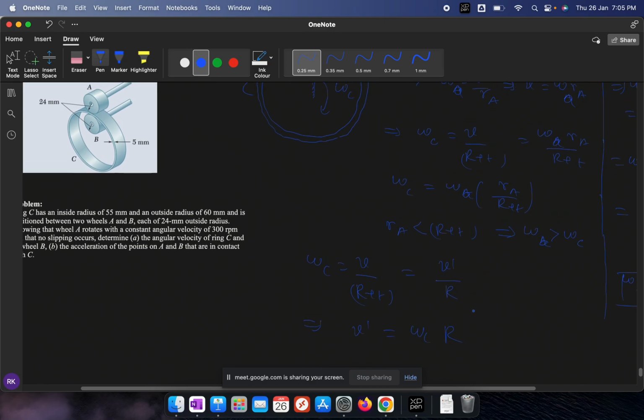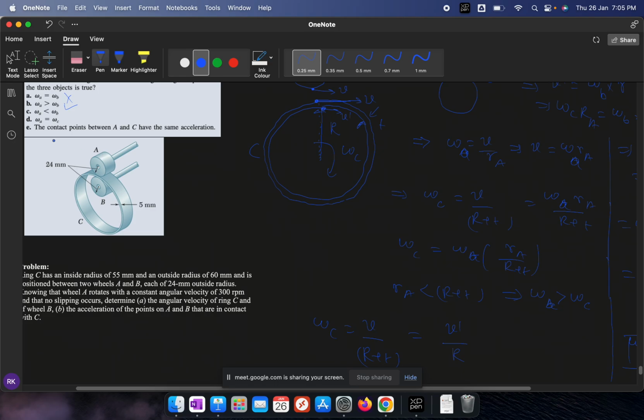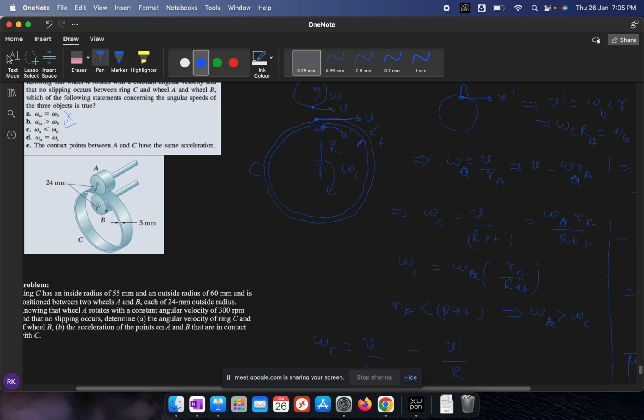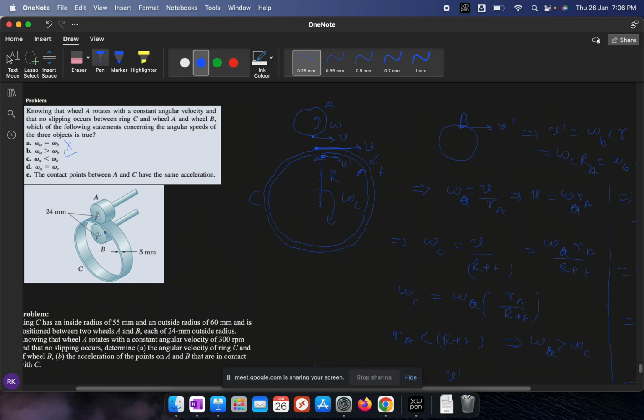And what else? We got omega A is greater than omega C. Now it is asking whether the contact point between A and C has the same acceleration. Is that correct or not?